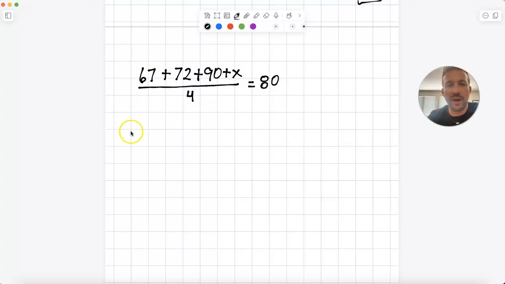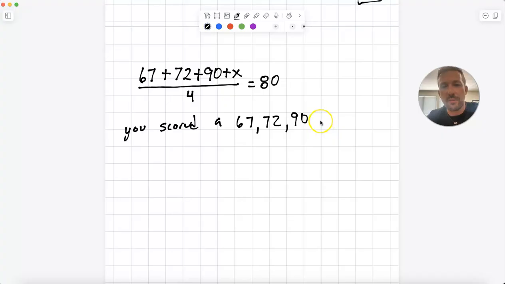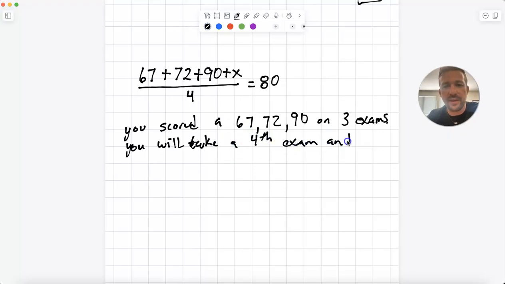Let's write this as a word problem. The way it would probably be worded is: you scored a 67, 72, 90 on 3 exams. You will take a 4th exam, and the score averages to an 80.